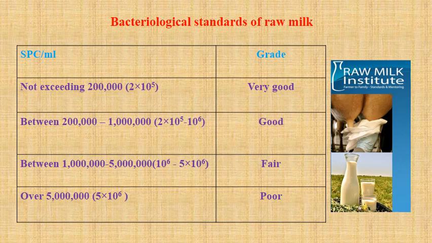When it is above 10 to the power 6 and up to 5 into 10 power 6, then it is fair. And when it is more than 5 into 10 power 6, then it is poor. So this is how raw milk is graded based on the microbiological standard, or SPC, or microbial load.